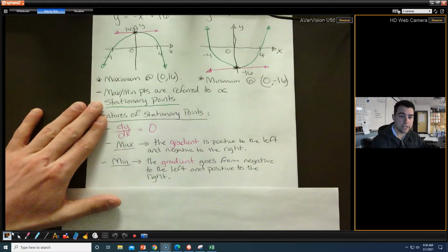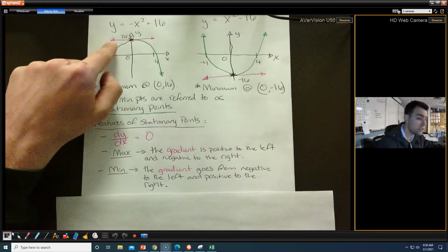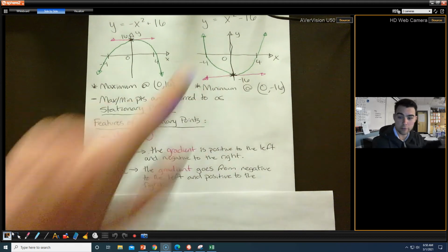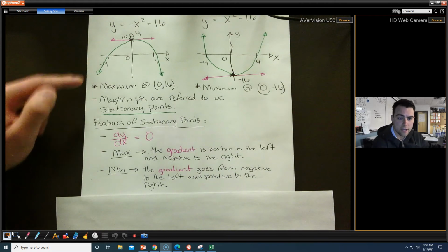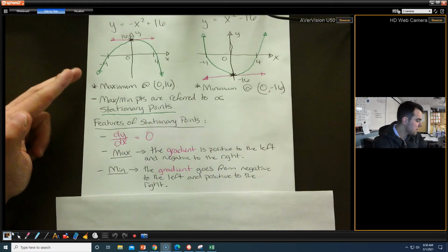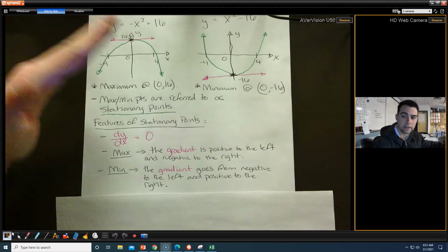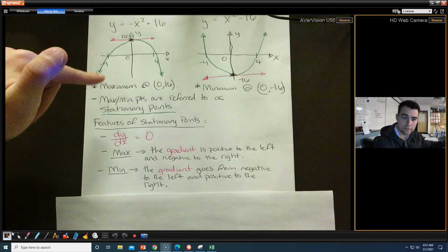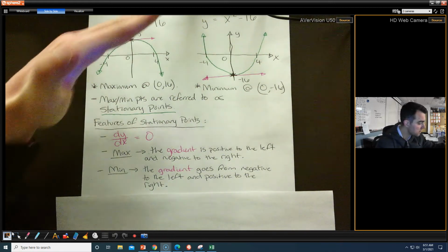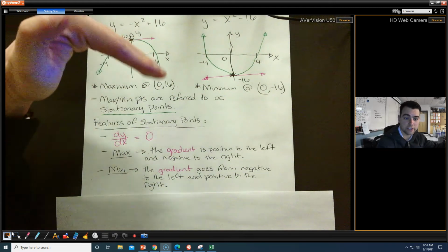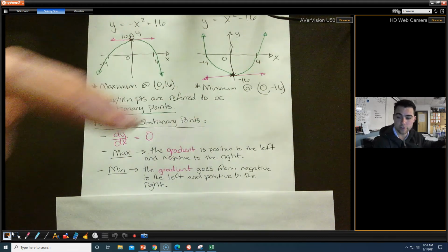If you look at the gradient of our tangent lines going through those stationary points, that's a slope of 0, and it's always a slope of 0. Now for maximum points, like the one on the left-hand side, if we think about a bunch of tangent lines being plotted along this for every single point, the gradient ends up being positive up to that stationary point, and then it starts being negative to the right of it.